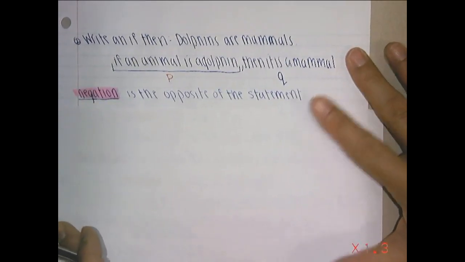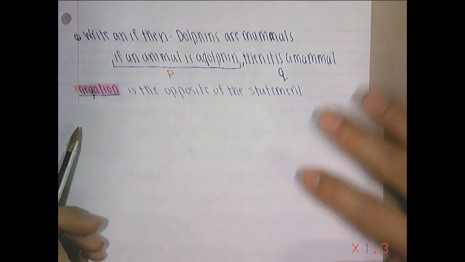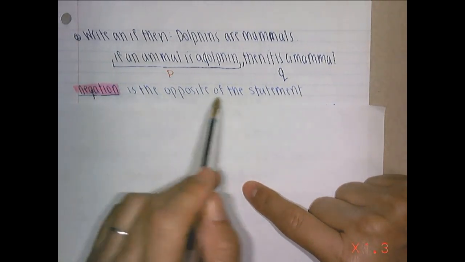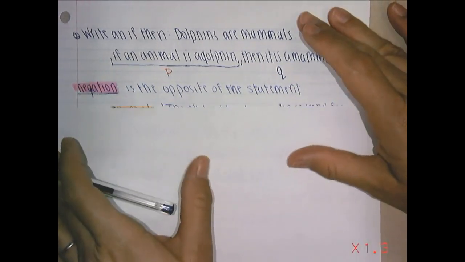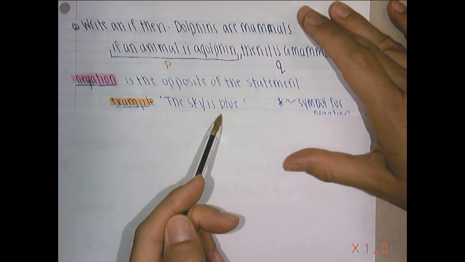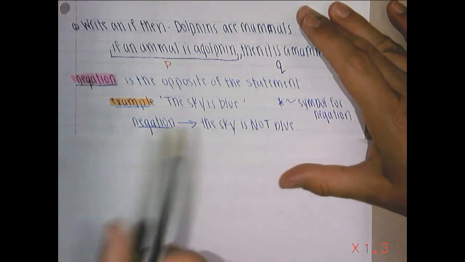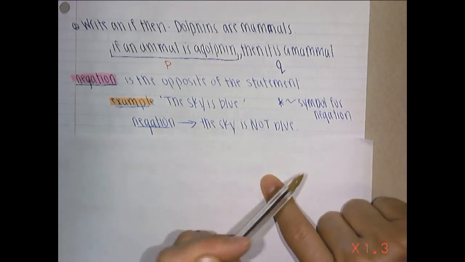So we have if-thens. Then, of course, we always have to take them a step further to a negation. It is the opposite of the statement. What do I mean by that? You're going to negate something. Example, the sky is blue. If you were to do a negation, you would simply say the sky is not blue.